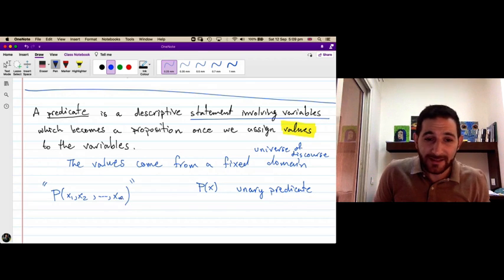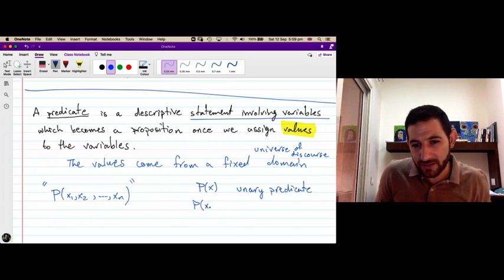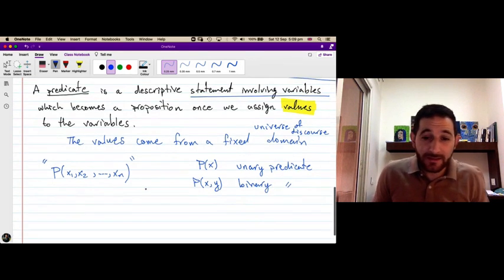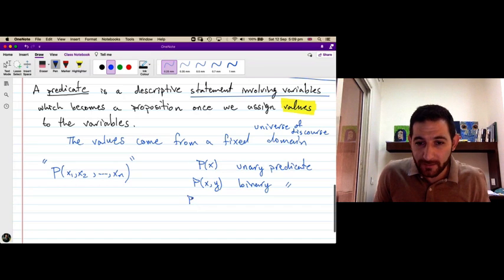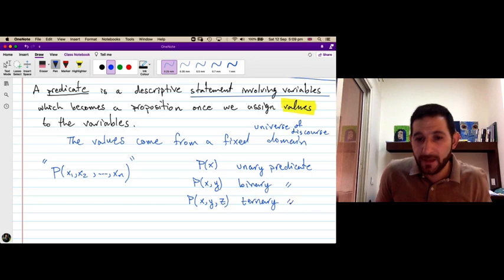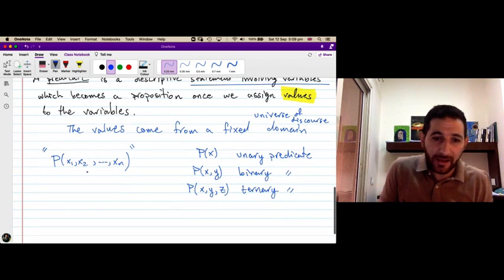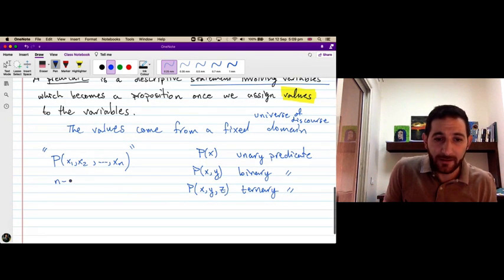When n is 2, we have P(x1, x2), or if you want P(x, y), and we call this a binary predicate. When n is 3, we have a descriptive statement describing 3 variables x, y, z, and in this case we call it a ternary predicate.